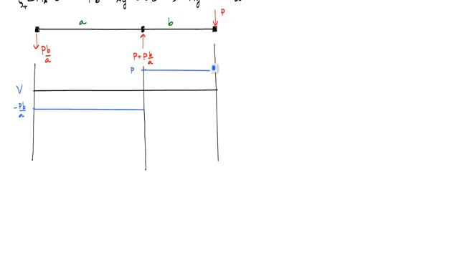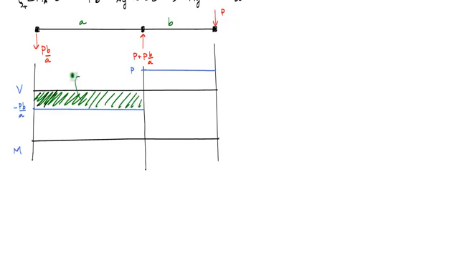Alright, and now I can draw my moment diagram from my shear diagram. And I'll notice that this area here in green is just a rectangle, and it's minus Pb/a times a, so that makes this area minus Pb, and this area here is equal to Pb, which will again just be my change.